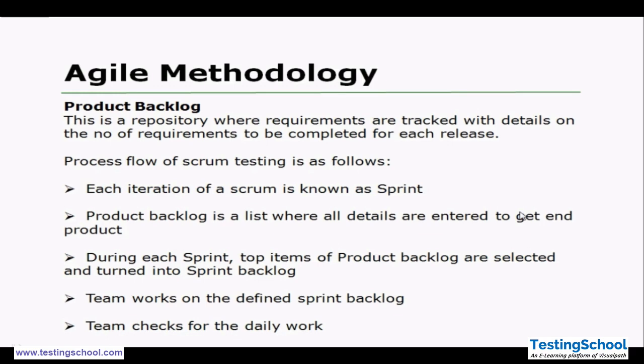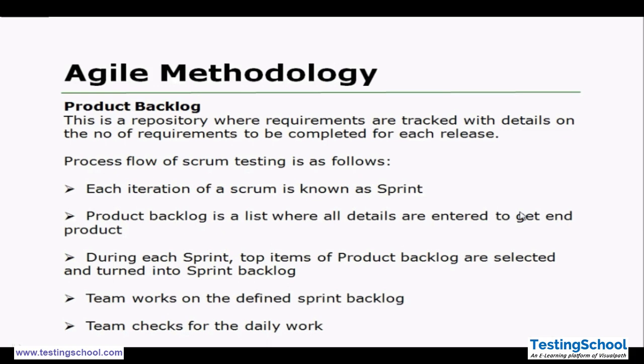Then the team checks the daily work. At the end of the sprint, the team delivers the product functionality and has a retrospective meeting for that completed sprint: what we have done well, what we have done badly, and what we should do for a better sprint.